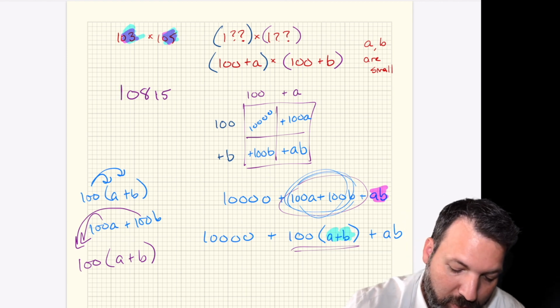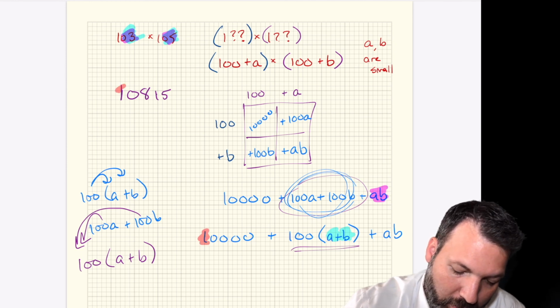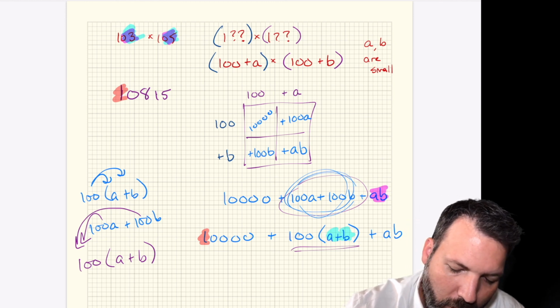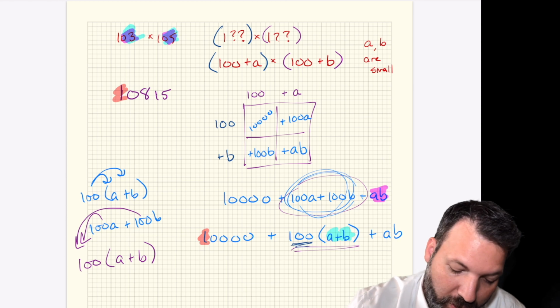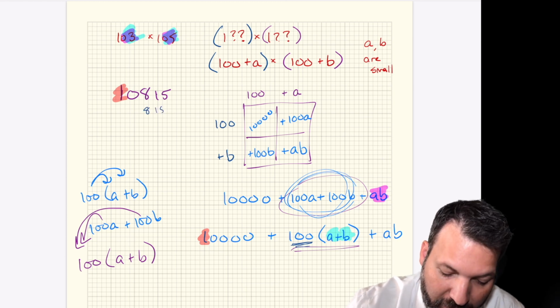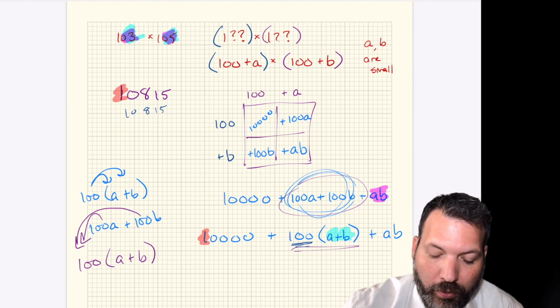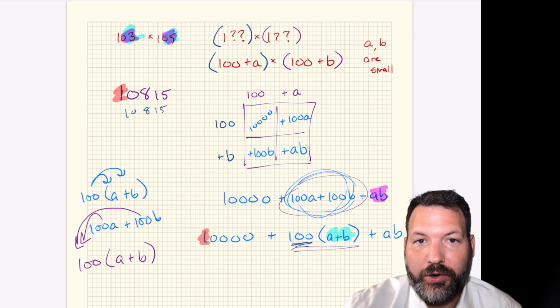But you'll notice in terms of the overall number, of course, the 1 is just coming from the 10,000. The 8 has to be in the hundreds place because of this 100 over here. So that's 815, right? 10,815. And so we can use this box not only to understand tricks, but actually to invent new ones.